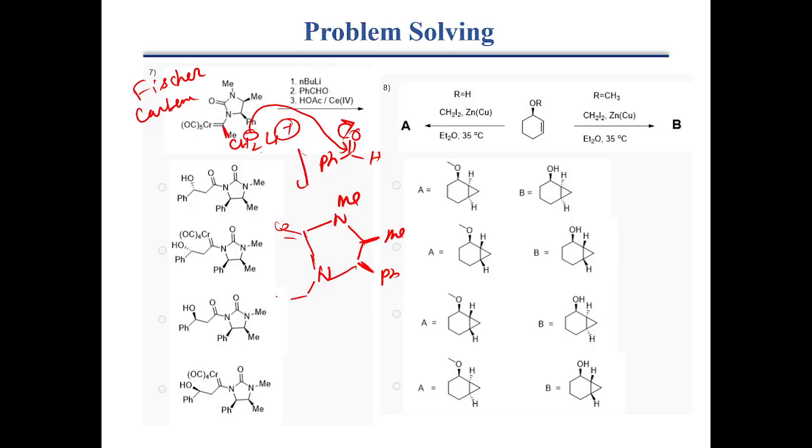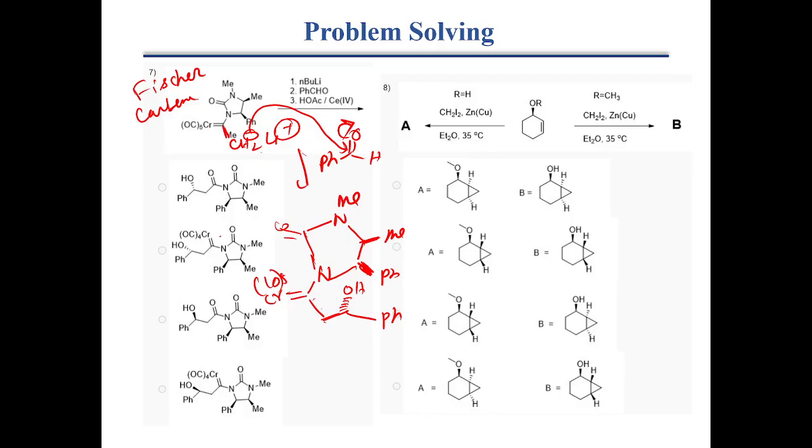This is the chromium one, chromium CO5, and OH Ph. So this is the beta orientation. So to avoid the steric hindrance, it will come from the alpha orientation. This one.